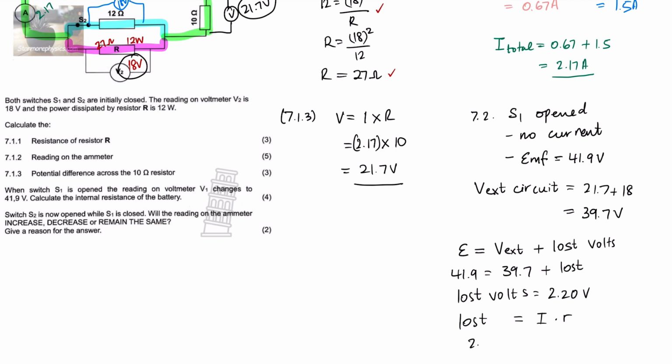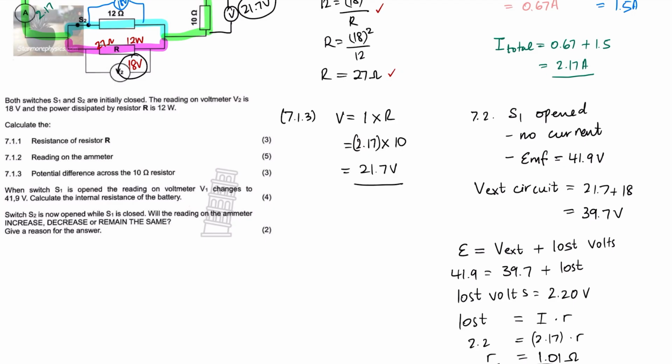So 2.2 is equal to 2.17 multiplied by R. The internal resistance is then 2.2 divided by 2.17, which is 1.01 ohms.